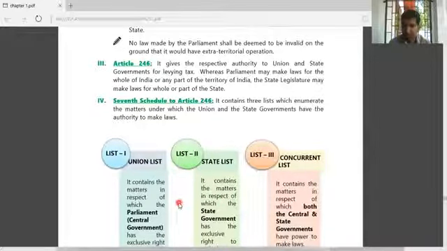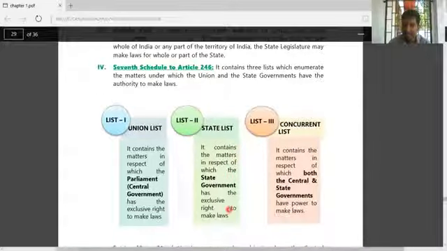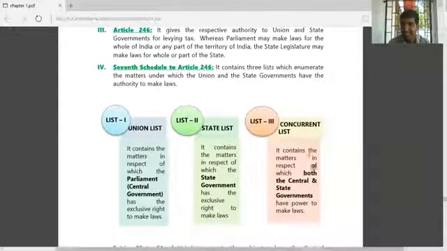List 1 is the Union List, in which a lot of taxes are mentioned, and Parliament or the central government can deal with this list. List 2 is the State List, with a lot of taxes, and only the state government can frame rules on it. List 3 is the Concurrent List, which both the central government and the state government can deal with.